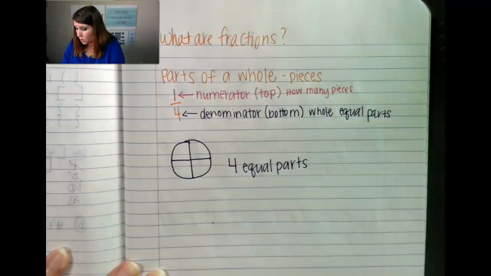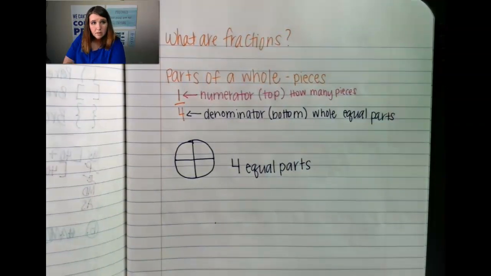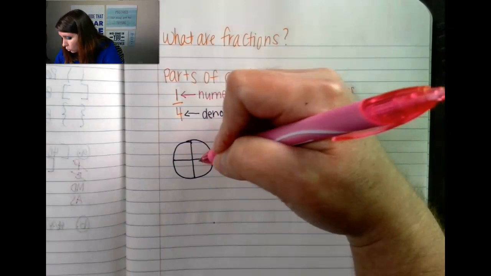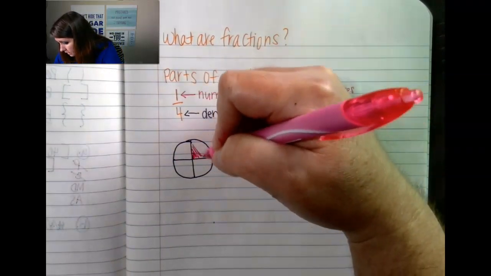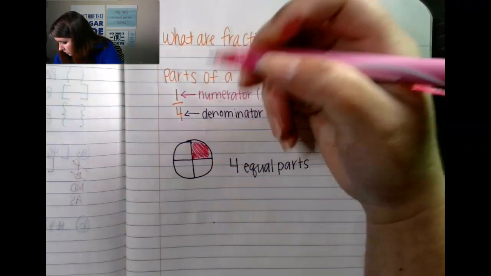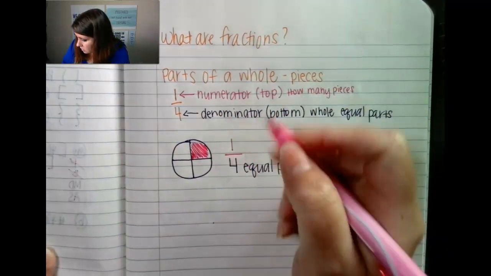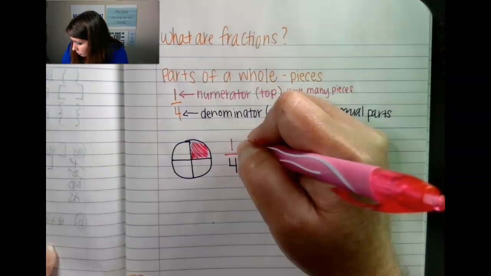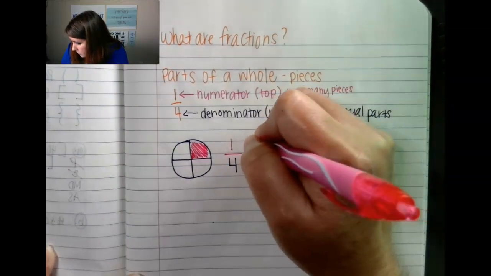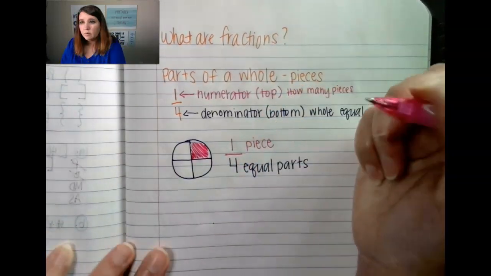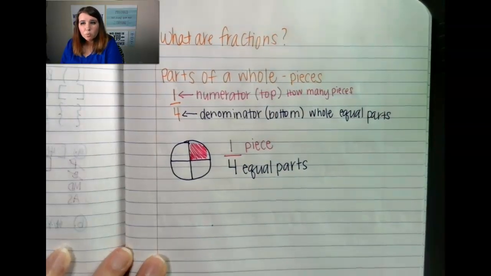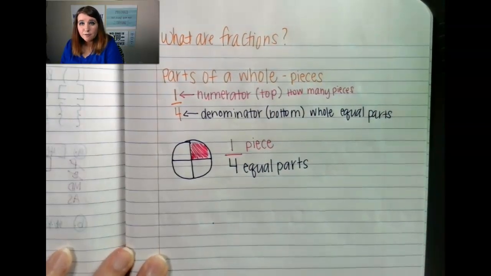And I have 1, where's my pink? There it is. I have 1 piece. That means that I have 1 piece of 4.